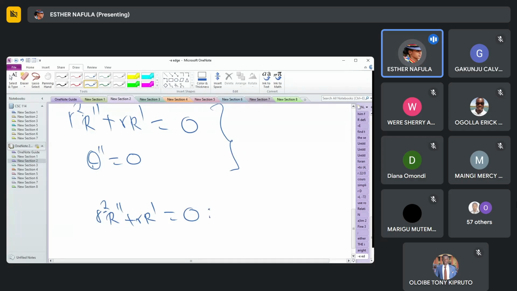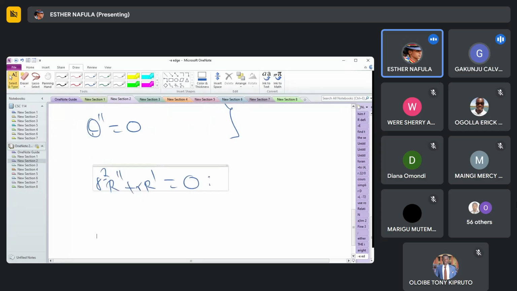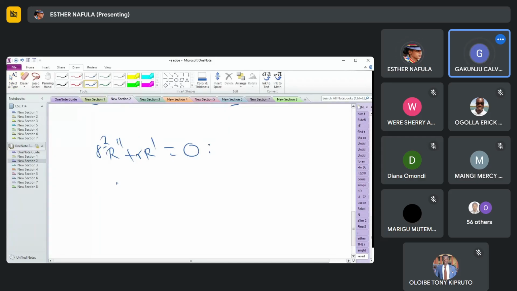What is the auxiliary equation for this DE? M squared is equal to 0.